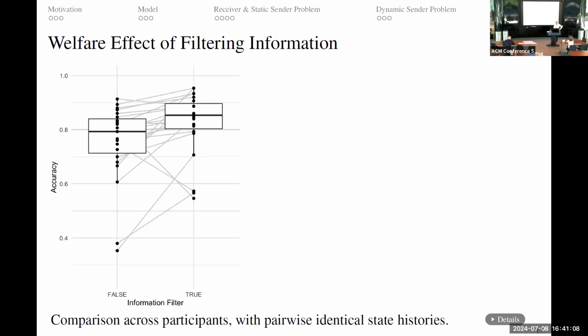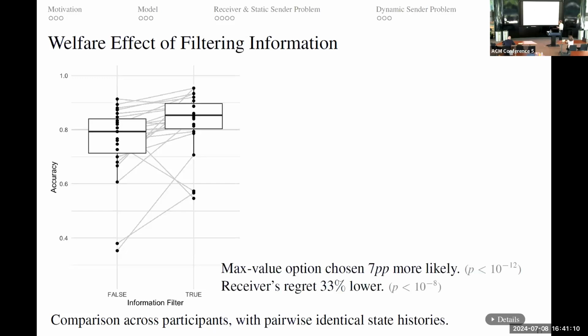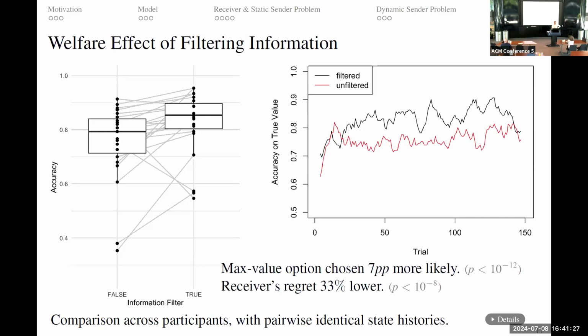And in this example, we see that filtering information raised subjects' accuracy by around 7 percentage points and reduced their regret by 1/3. And what's important to know is that this accuracy increase is attained by removing information. So that's sort of the behavioral effect of that.